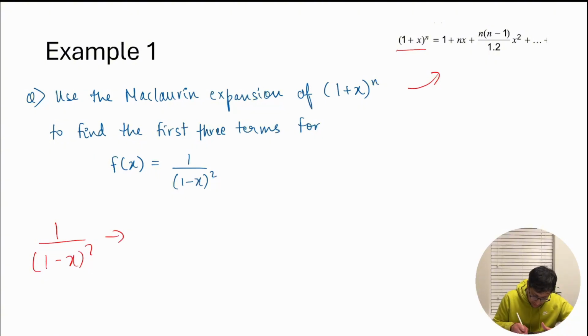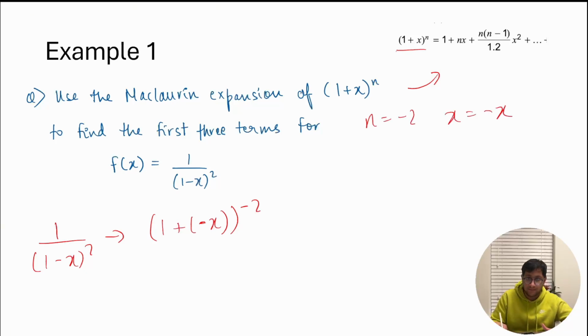But as you can see, this can be written as 1 plus minus x, to the power of minus 2. That means we can use this expansion with n equals minus 2 and x equals minus x, and just plug it in.